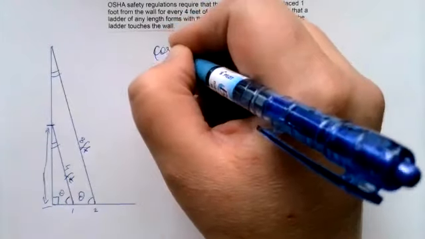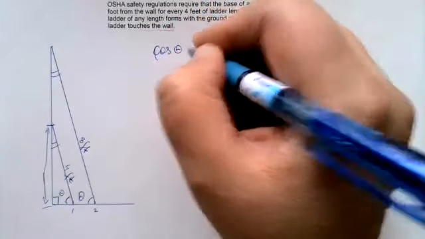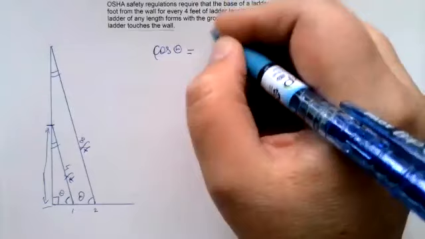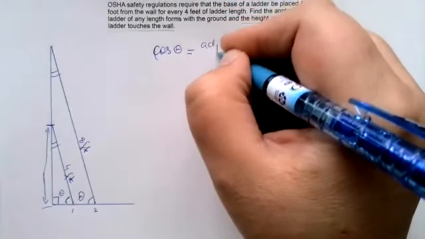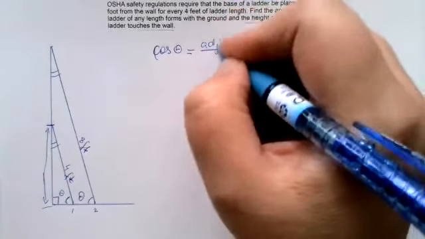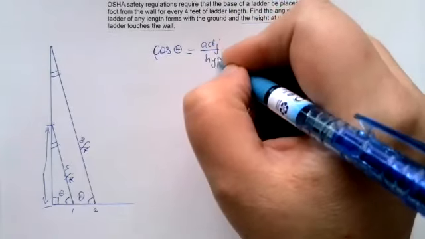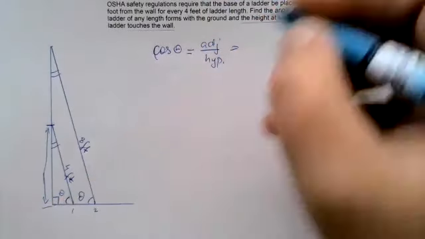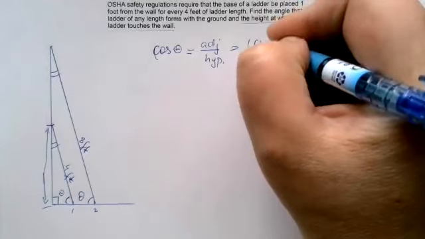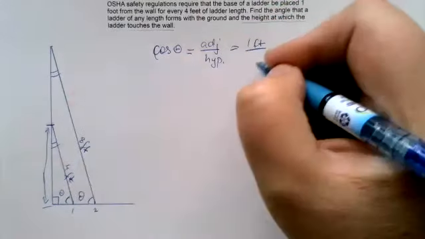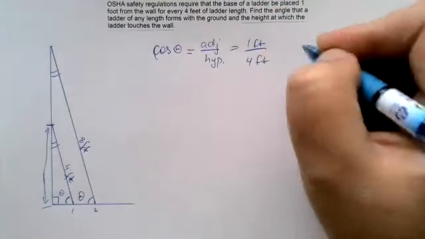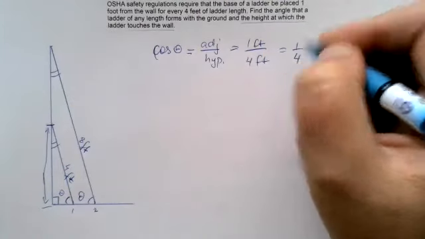And if you said cosine, you're right. So the cosine is adjacent over hypotenuse. So we have 1 foot divided by 4 feet. So that's 1/4.